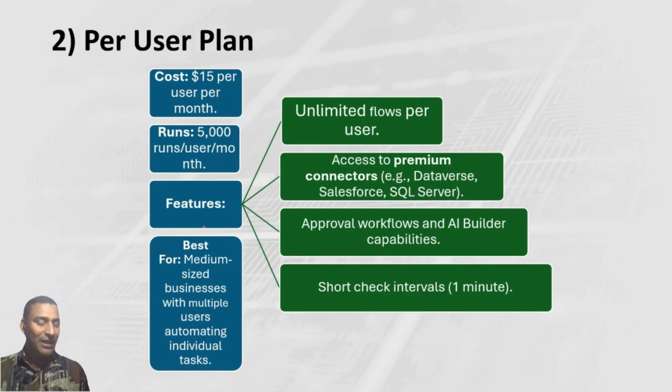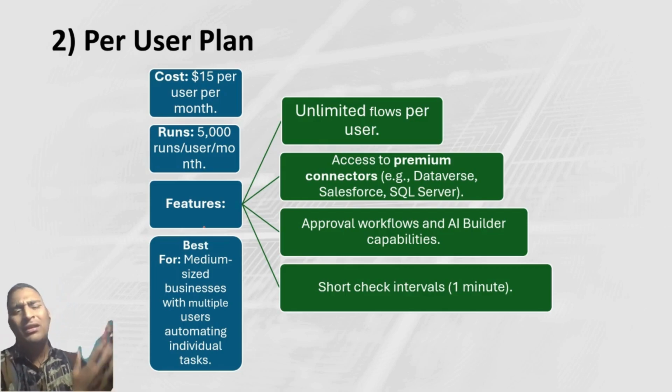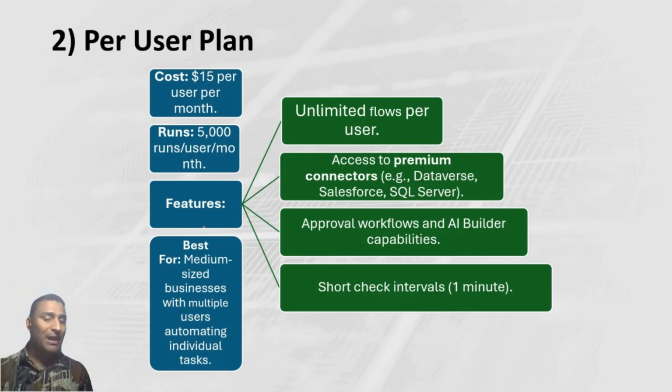Within the $15 you have access to connect with premium connectors. What are the premium connectors? I will list some top ones: Dataverse, Salesforce, SQL Server, Oracle. Multiple premium connectors are available in the market, and you can connect to all of them easily, send a request, get the response, and utilize it wherever required.